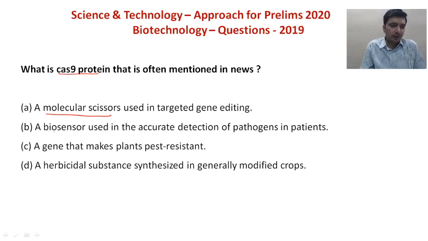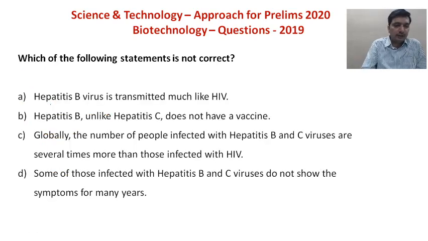You can definitely rule out anything else: it is not a biosensor used in pathogen detection, and it is not a gene that makes plants pest resistant. Usually it is the Bt gene that we talk about. And it is not a herbicidal substance synthesized in genetically modified crops. So it's molecular scissors. This is a straightforward answer, and you should be able to answer something like this without much difficulty, I feel.